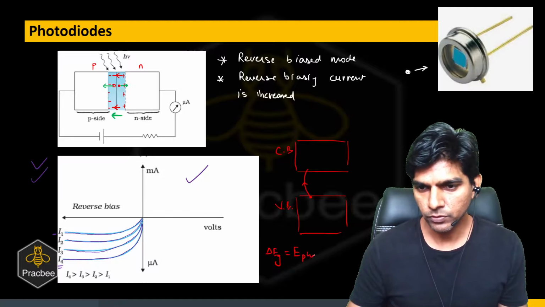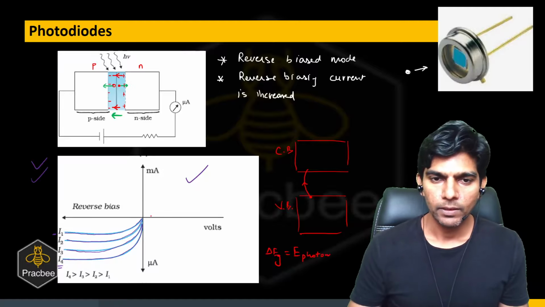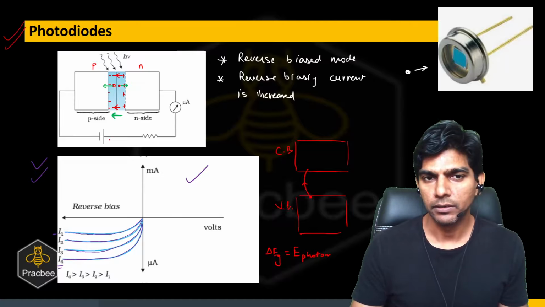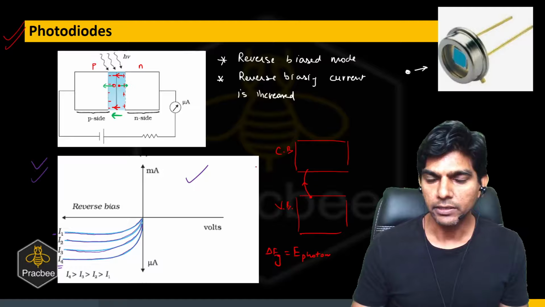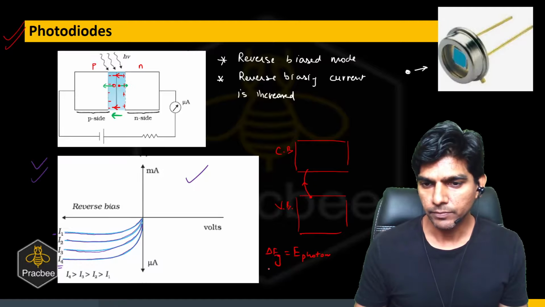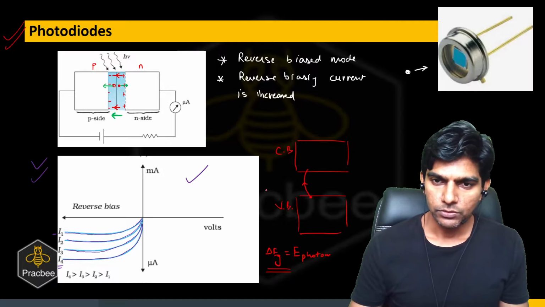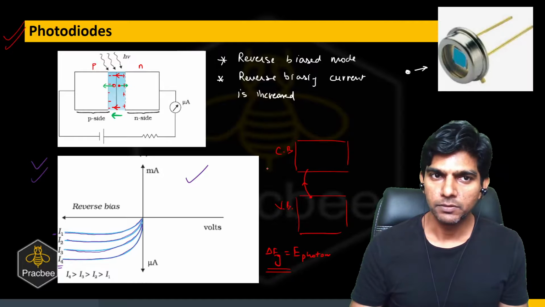This is the energy of the photon. Then we'll be able to generate electron hole pairs in photodiodes. So we can increase the current if the energy is greater than or equal to this. That is the only possibility in which we can use it. I hope the concept about photodiode is clear.